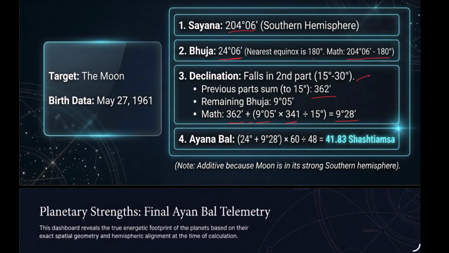Since the Moon is in the southern hemisphere and it is strong in the southern, we'll add the declination. So 24 plus 9 degrees 28 minutes into 60 divided by 48. So we get 41.83 Shashtiamsha for the Moon. It is additive because the Moon is strong in the southern hemisphere. If the planet is naturally not strong in that hemisphere, then we use subtraction, except for Mercury.